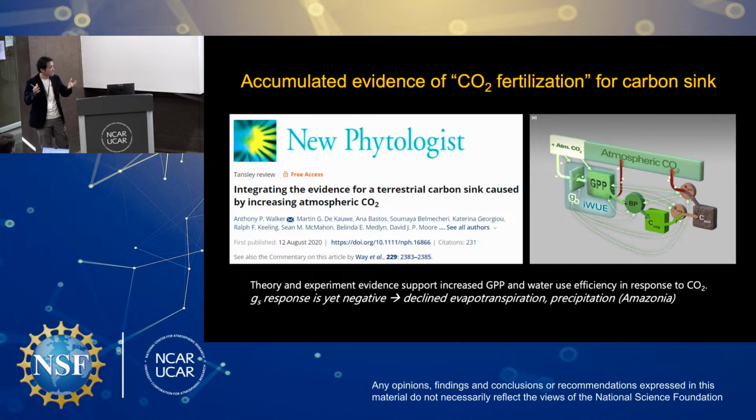From the Earth system model communities, these physiology models have long been developed over the past decades. Even for the CMIP6 models, if we revisit these physiology models, they mostly come from models from the 80s or 90s.